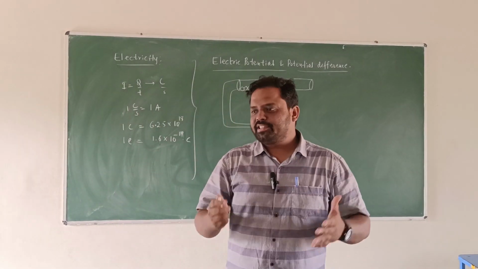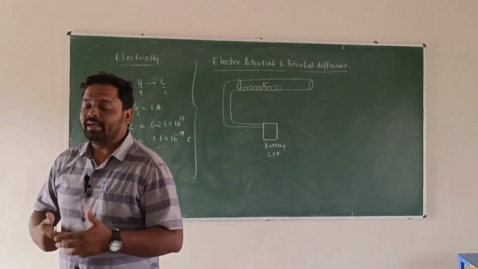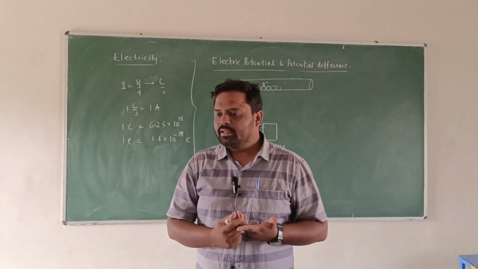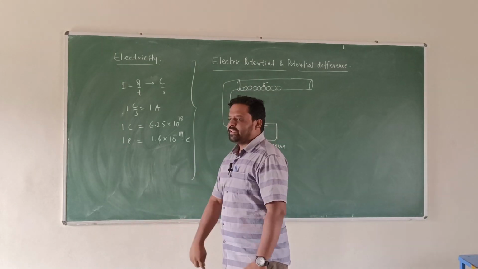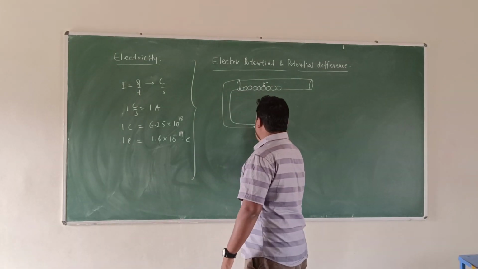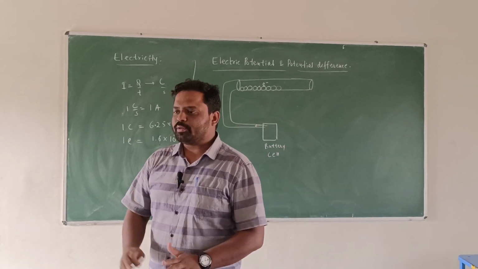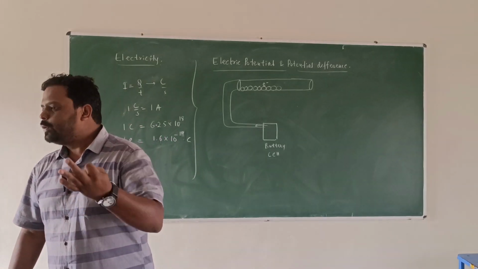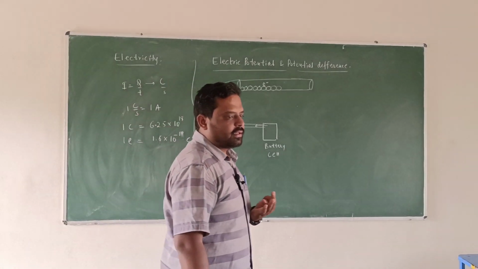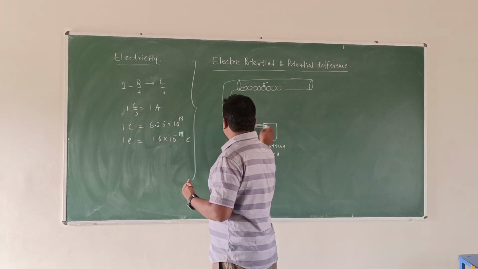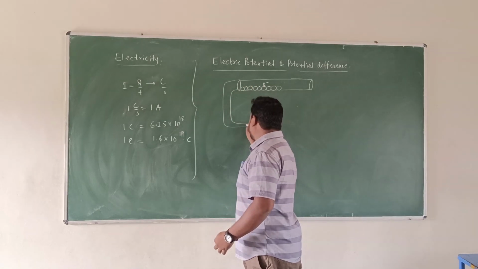Chemical reactions are happening within the battery, and due to those reactions, the battery is continuously producing electrons. If it is continuously producing electrons, they have to be set in motion, because otherwise all the electrons would stay inside the battery itself. The very purpose of a cell or battery is to obtain electrical energy from it. Correct? So if you connect this pipe to a battery, the battery or cell is continuously supplying the electrons.